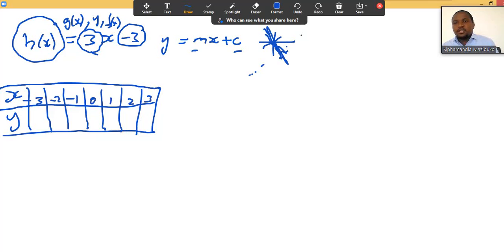If x is minus 3, sorry about that, then y is equal to 3 times minus 3 minus 3. 3 times minus 3 is minus 9, so this should be minus 12.